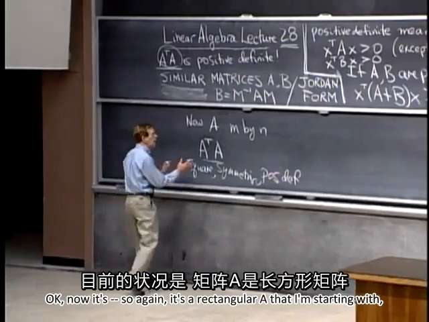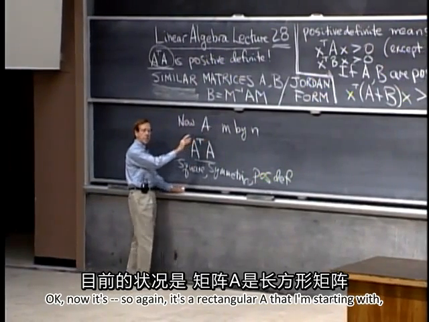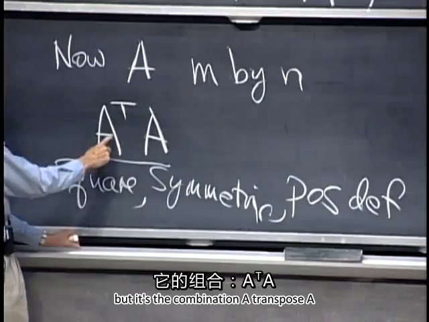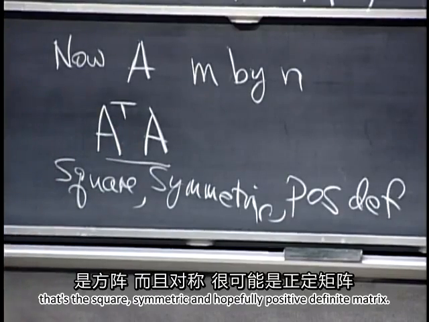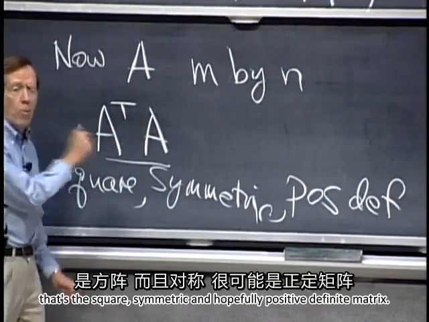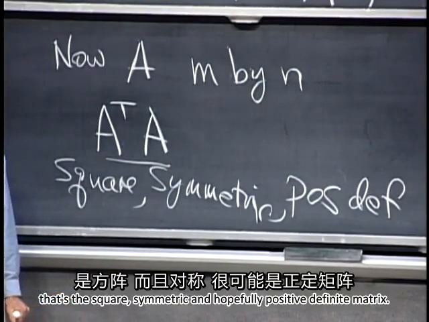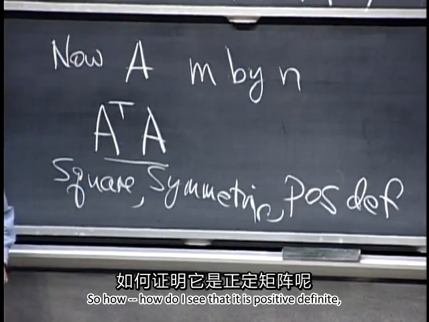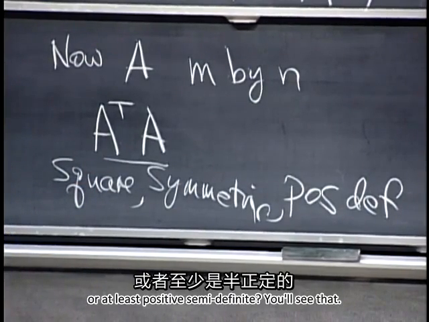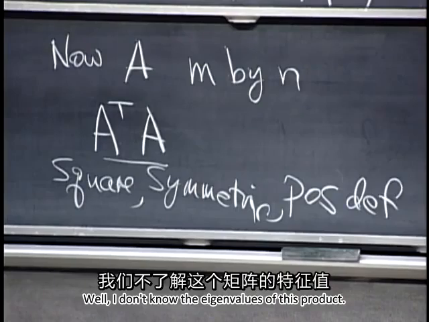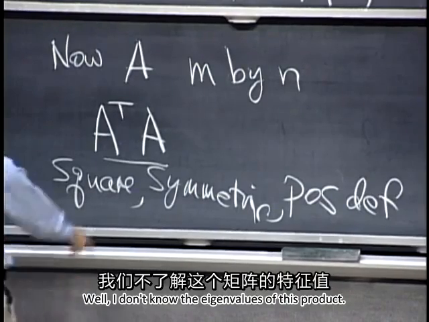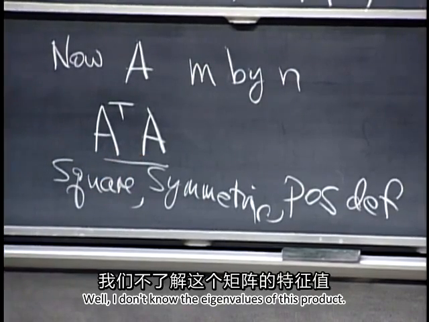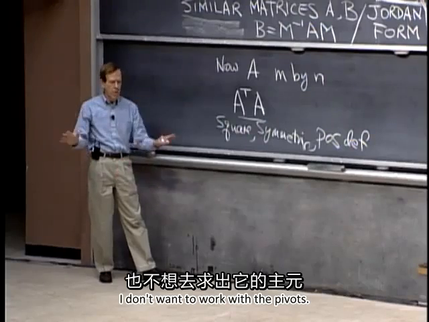Okay, so again, it's a rectangular A that I'm starting with, but it's the combination A transpose A that's the square, symmetric, and hopefully positive definite matrix. So how do I see that it is positive definite, or at least positive semi-definite? You'll see that. Well, I don't know the eigenvalues of this product. I don't want to work with the pivots.